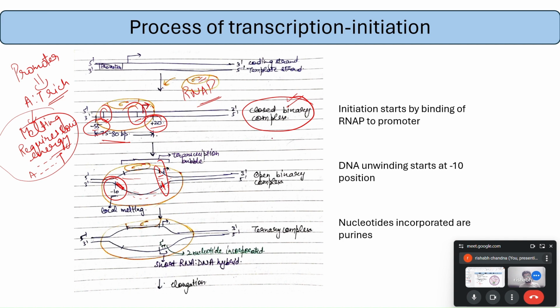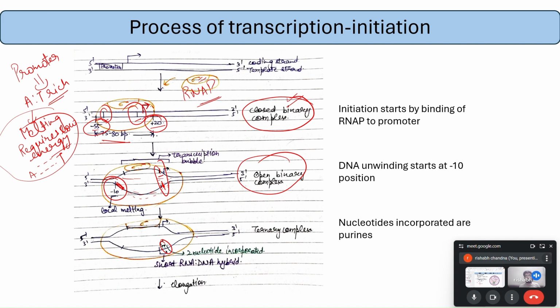Okay, now this is the open binary complex where the transcription bubble has already been formed. Then, as the process proceeds, we have two nucleotides added at the first position and the second position.